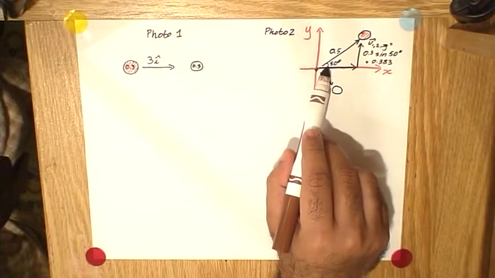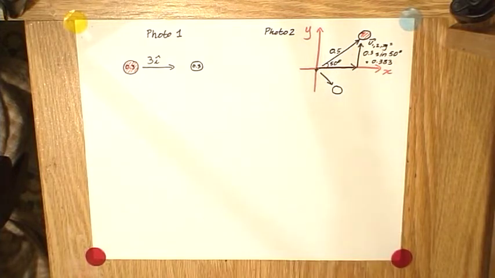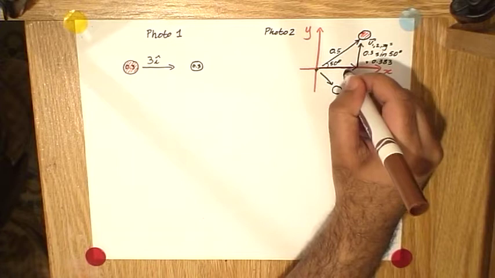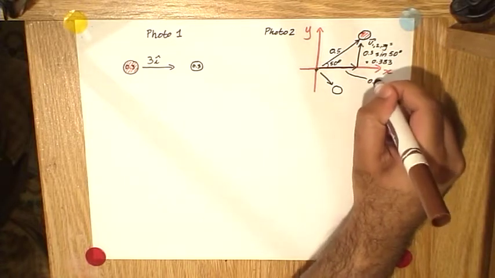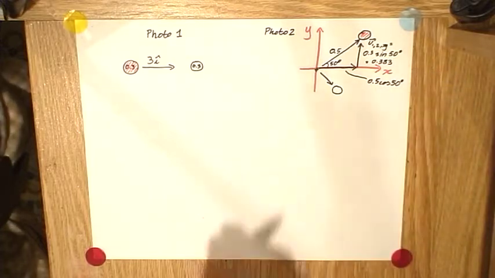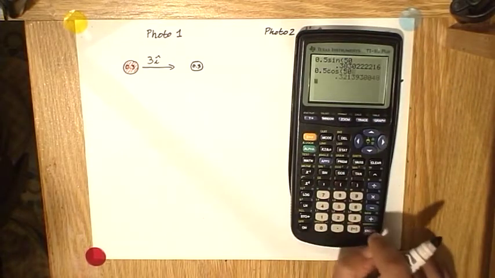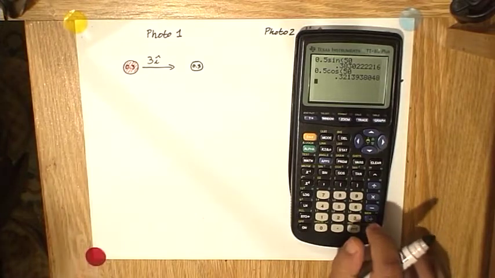And the horizontal velocity of ball 1 is going to be 0.5 cos 50 degrees, which is 0.321.